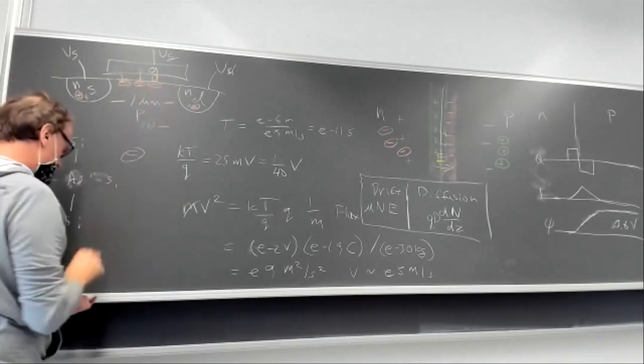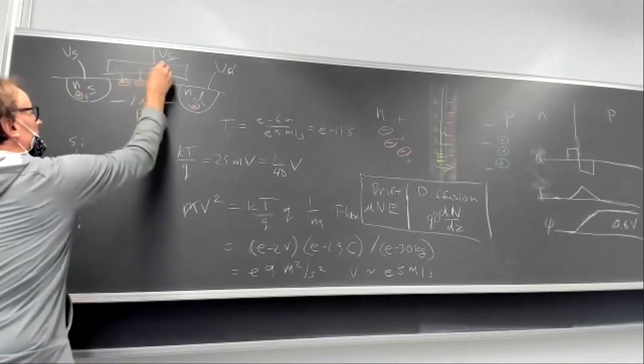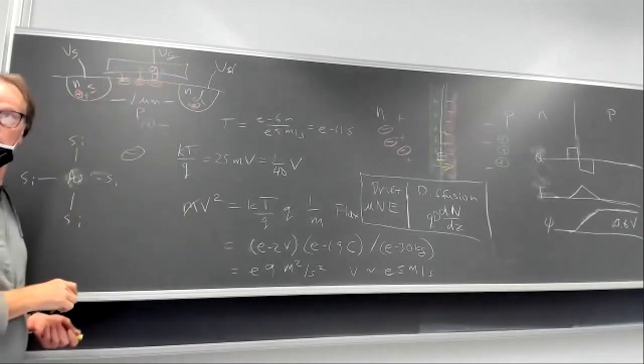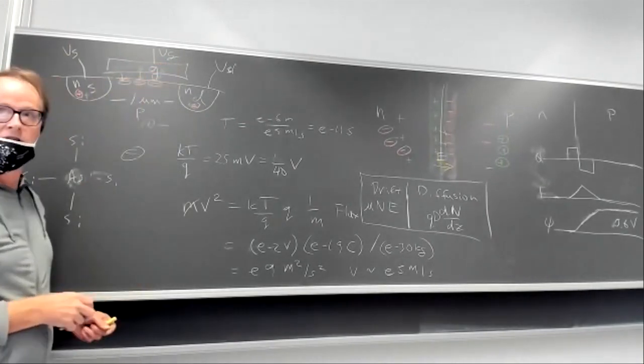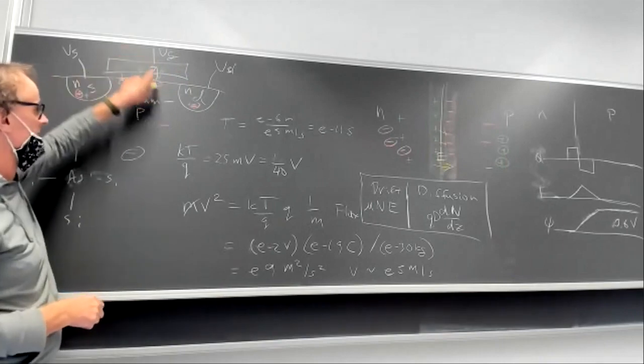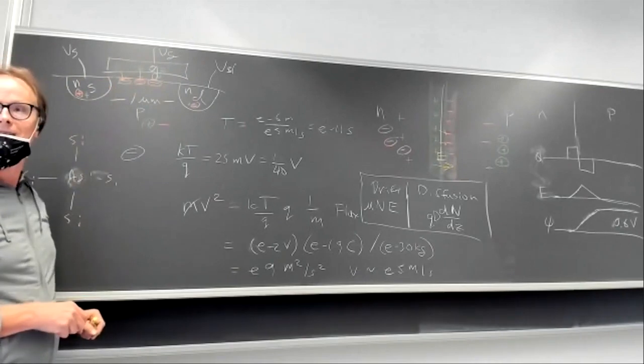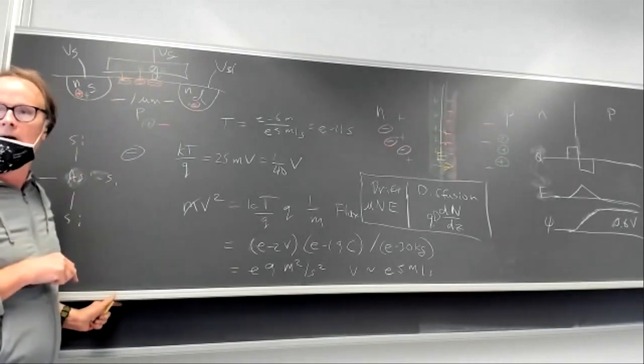So every time you put another charge on here, you actually get a mobile electron. It comes from the source. That's the strong inversion region. So every charge you put on the gate is balanced by a mobile electron that came from the source. And that's the region I'm talking about here.